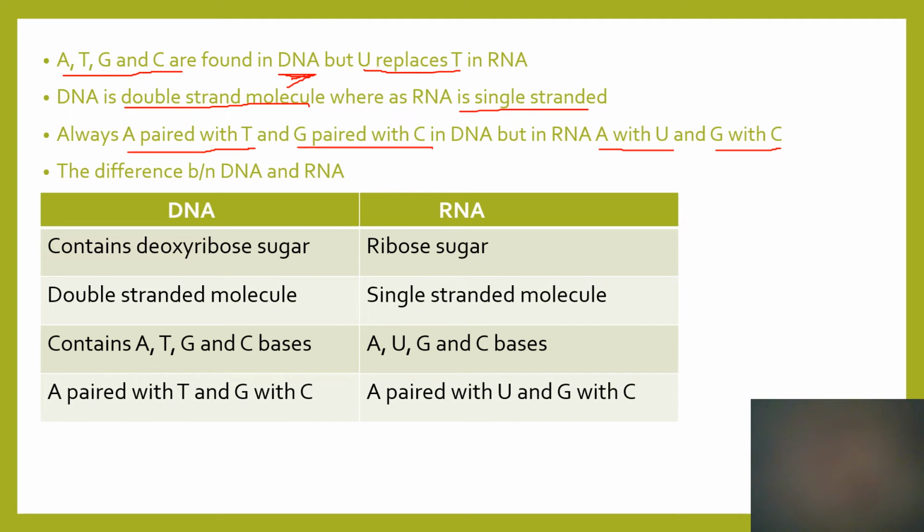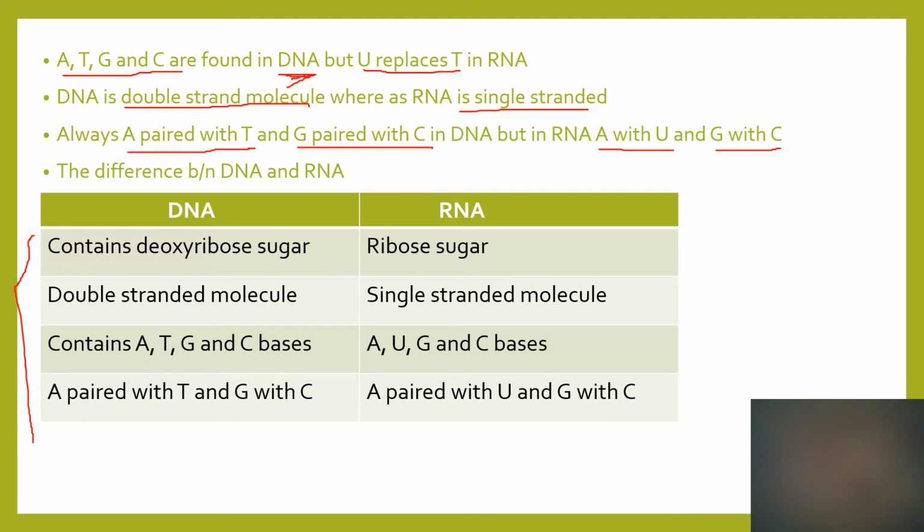Here, RNA is a single-strand molecule, but in some cases, especially during transcription, for example, it may be found in double-strand form for a short period of time. At that time, adenine is paired with uracil and guanine is paired with cytosine. These are some differences between DNA and RNA.